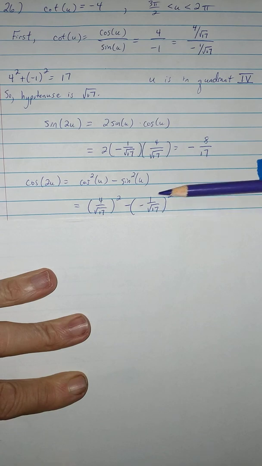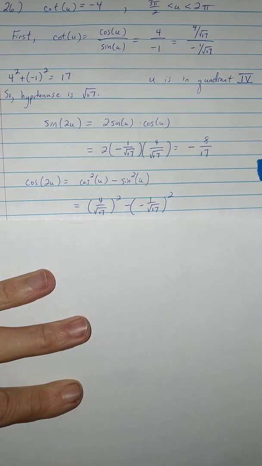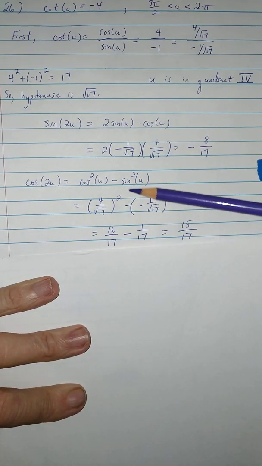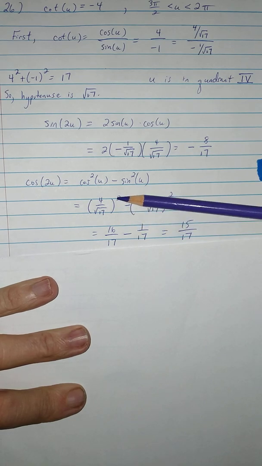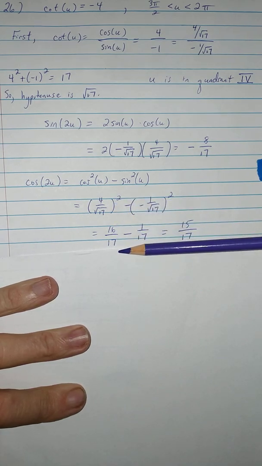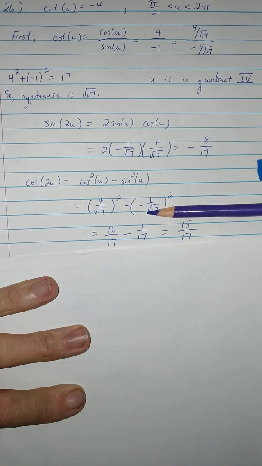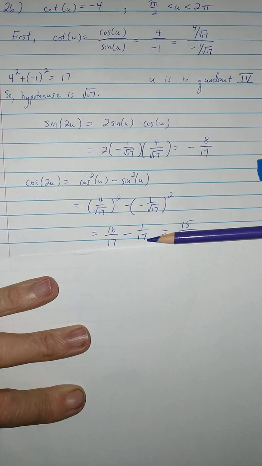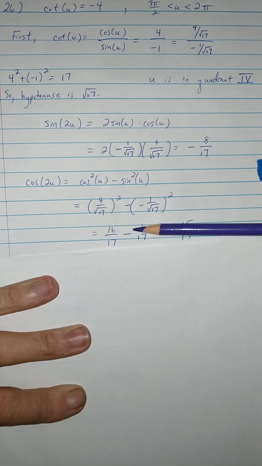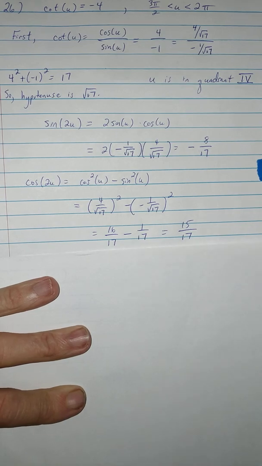There it is with a square and a parentheses wrapped around, and that's the minus sign of the formula here. If you square 4, you get 16. If you square square root of 17, that's 17. Minus sign. If you square negative, you get a positive. Square 1, you get 1. Square square root of 17, you get 17. 16/17 minus 1/17 is 15/17, and that's cosine of 2u.